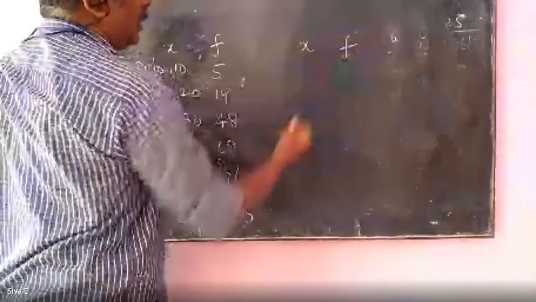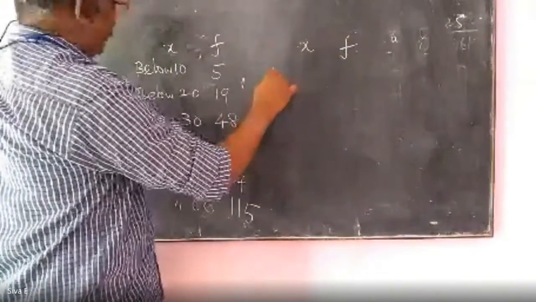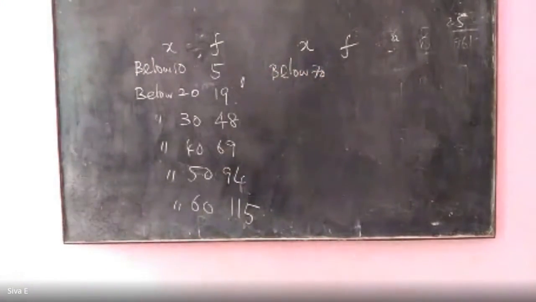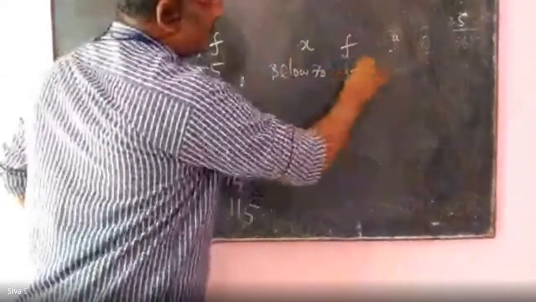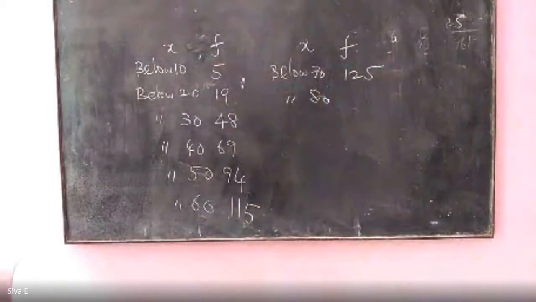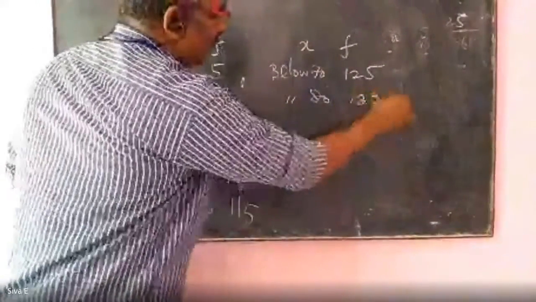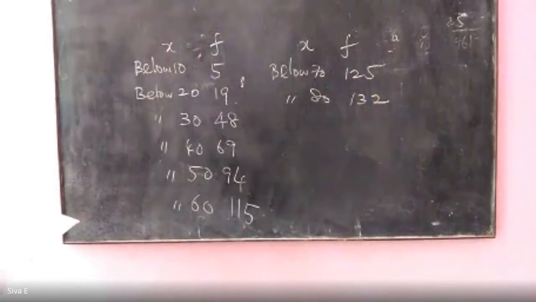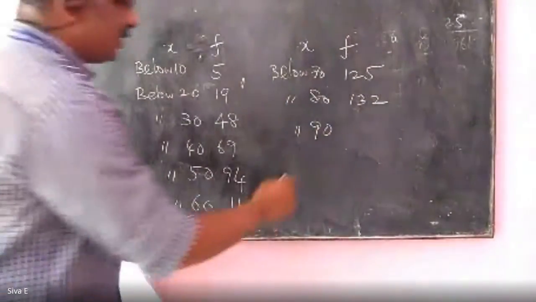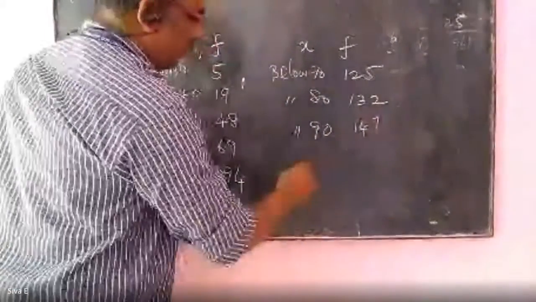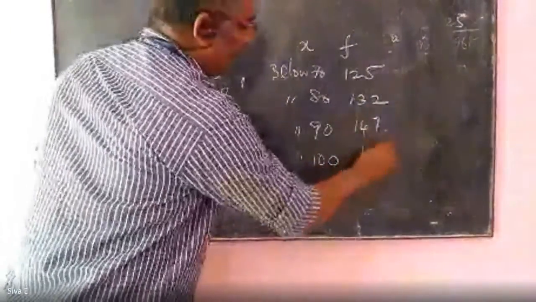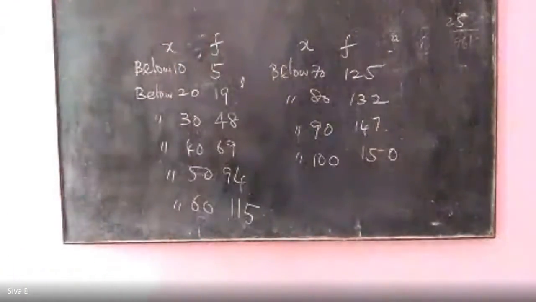Below 70, 125. Below 80, 132. Below 90, 147. Below 100, 150.